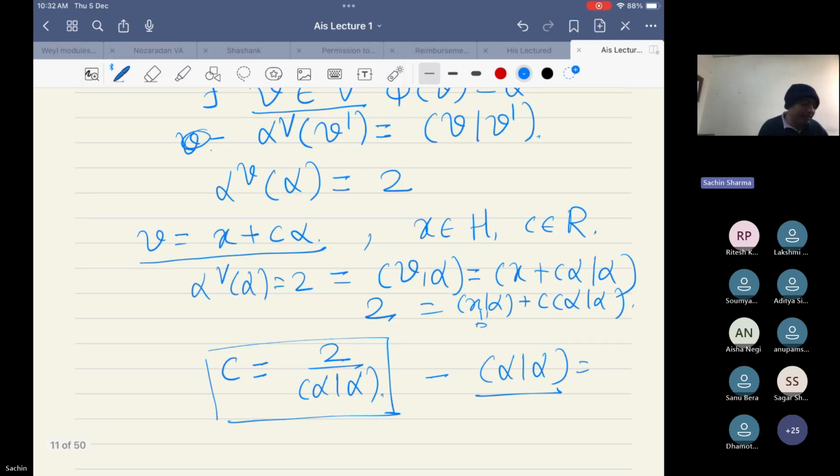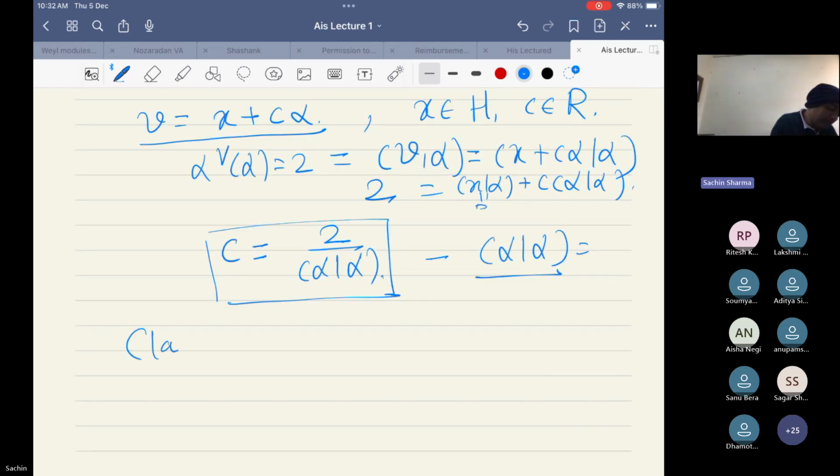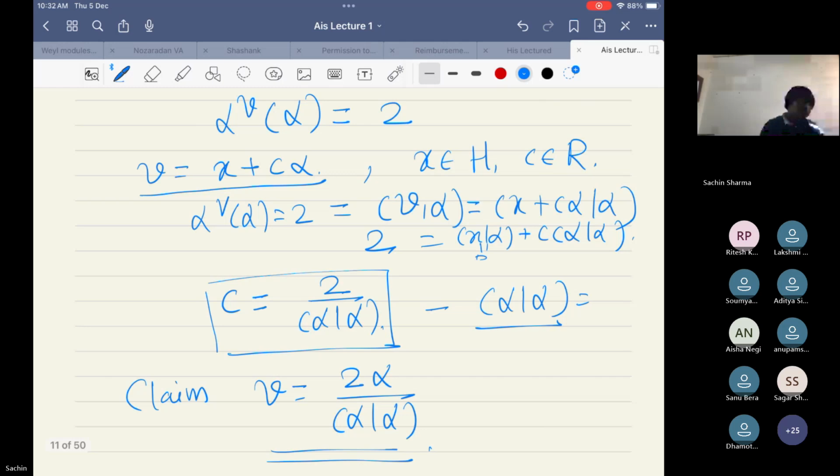Now I claim that V is equal to twice alpha by (alpha, alpha). Why is the inner product of X with alpha 0? Because X is in the hyperplane H alpha.